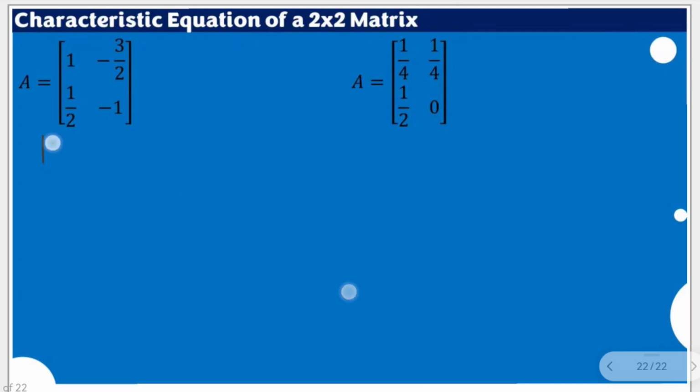You have lambda times I. Lambda is a variable in this case, and I is your identity matrix, minus A. Once we are done with showing the corresponding matrix of this, we are going to take the determinant of said matrix form.